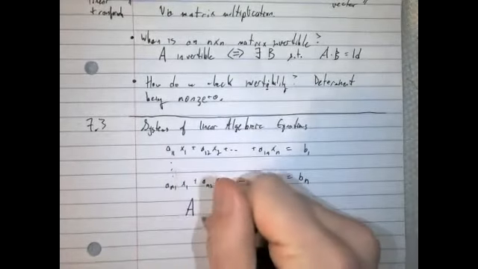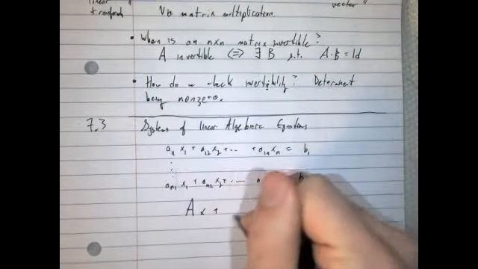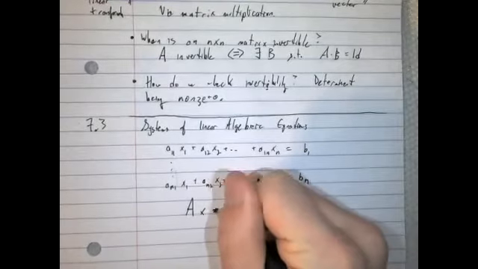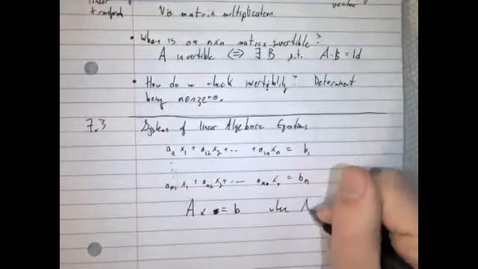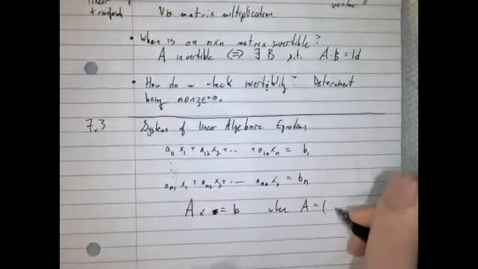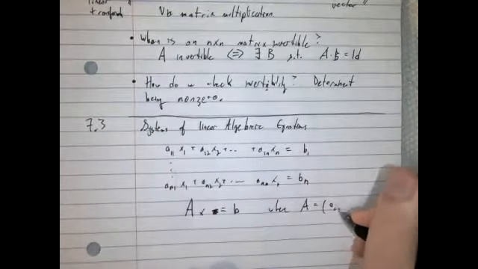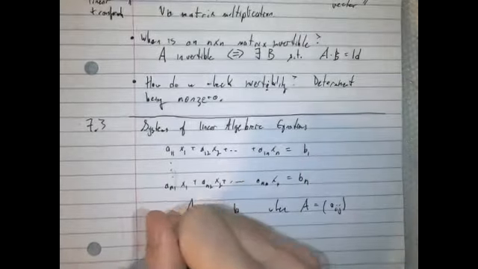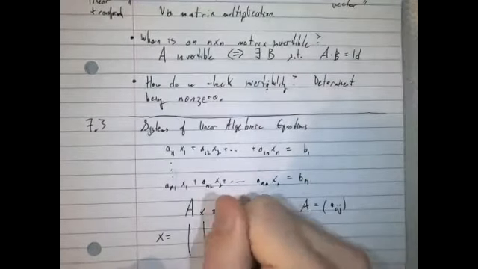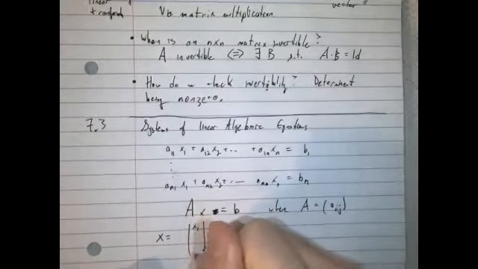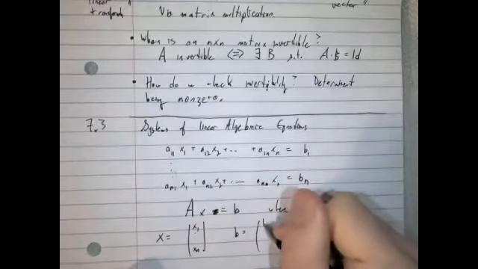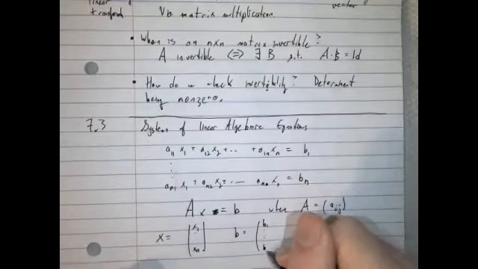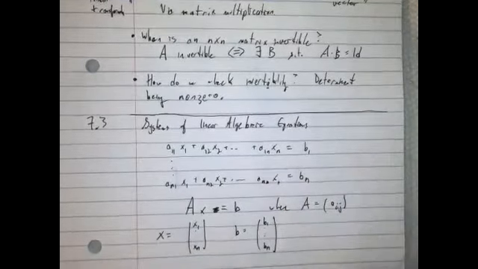This is Ax is equal to b, where A is equal to the matrix given by Aij, x is equal to the vector x1 all the way up through xn, and b is equal to the vector b1 all the way up through bn. Right?